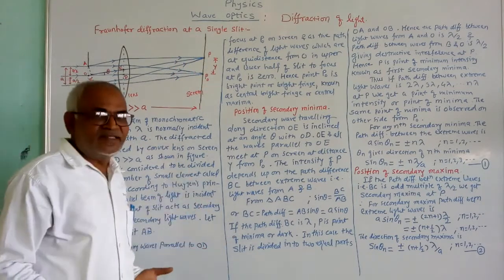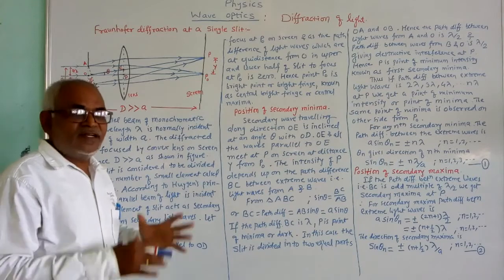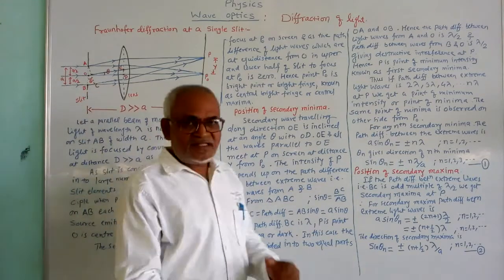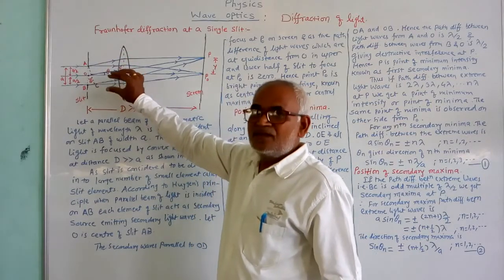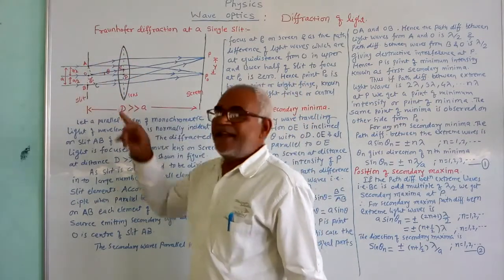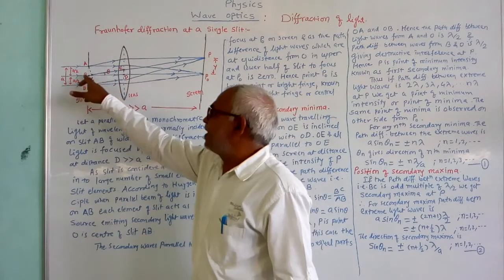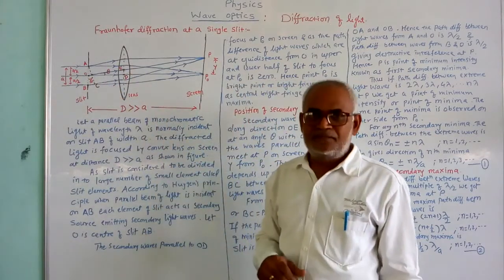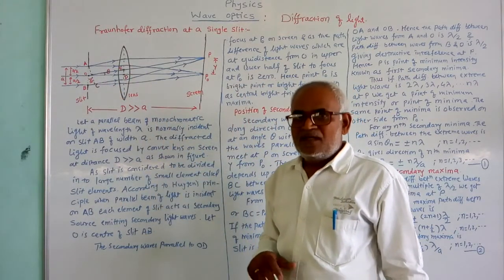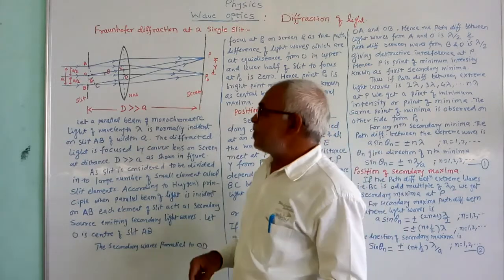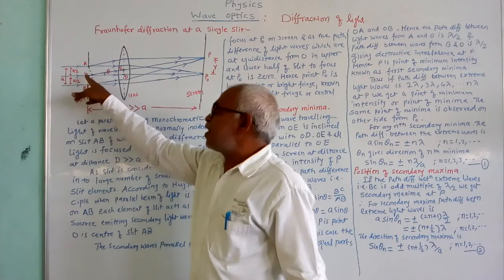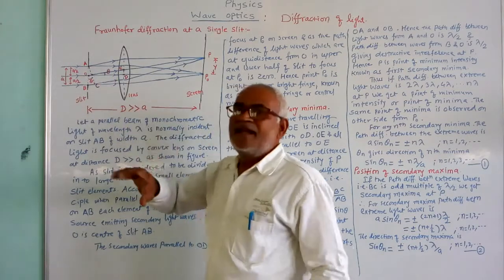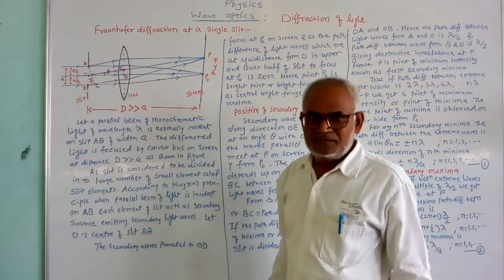To explain this, let us suppose that the slit is divided into two equal parts, part OA in the upper half and part OB in the lower half. The path difference between the extreme light waves in the upper half of the slit, that is from point O and point A, is lambda by 2.